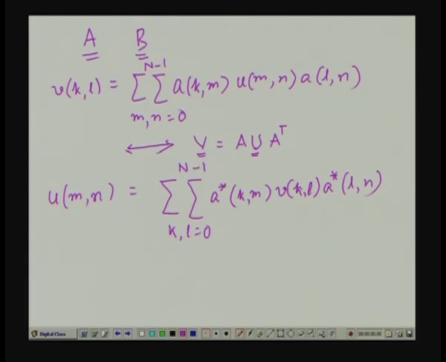Again as before, this inverse transformation can be represented as a matrix equation: U equals A conjugate transpose V A conjugate, and these are called two dimensional separable transformations.